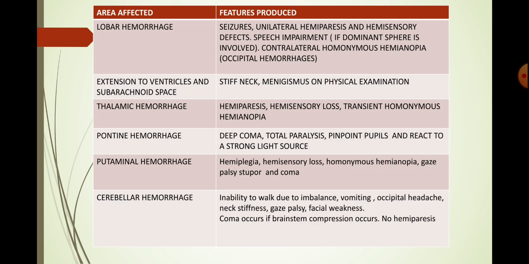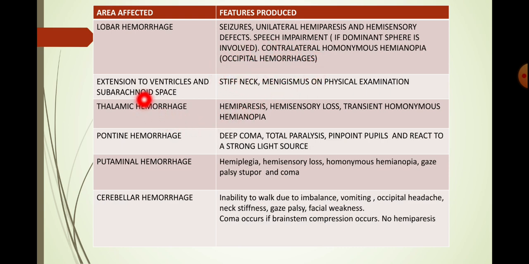Now, coming to the area affected, lobar hemorrhage. So, if hemorrhage occurs in any one of the lobes, these are the features produced: seizures, unilateral hemiparesis, hemisensory defect. The speech impairment will only occur if the dominant sphere is involved, and contralateral homonymous hemianopia occurs only if the occipital lobe is involved.